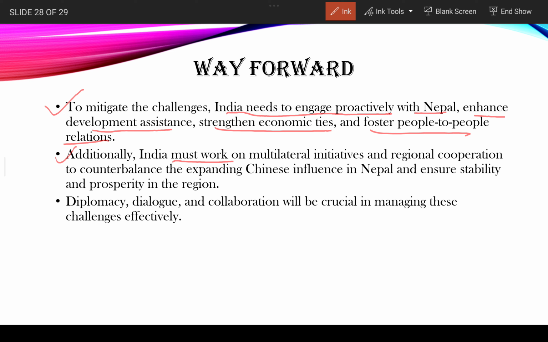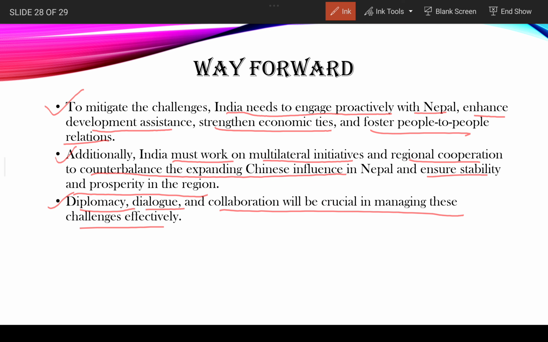India must work on multilateral initiatives and regional cooperation to counterbalance the expanding Chinese influence in Nepal and ensure stability and prosperity in the region. That is, diplomacy, dialogue, and collaboration would be crucial in managing these challenges effectively.